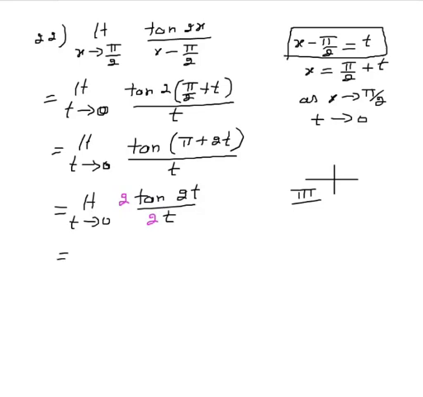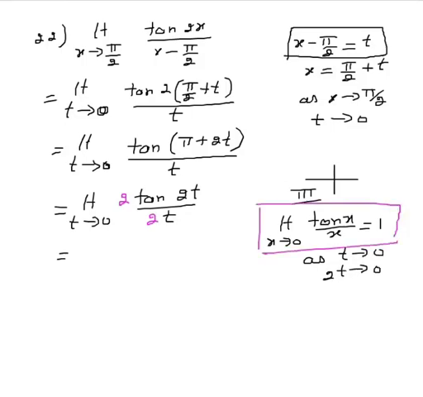We know that limit tending to 0 of tan x divided by x is 1. And here, as x tends to 0 or t tends to 0, 2t also tends to 0. Therefore, this term becomes 1. 2 times 1, the answer is 2.